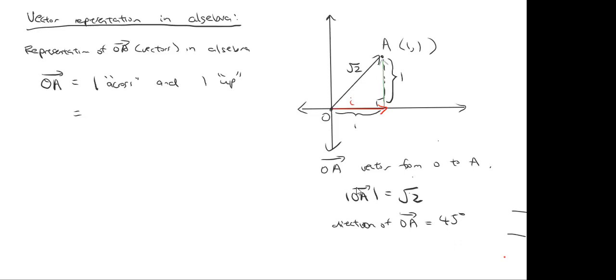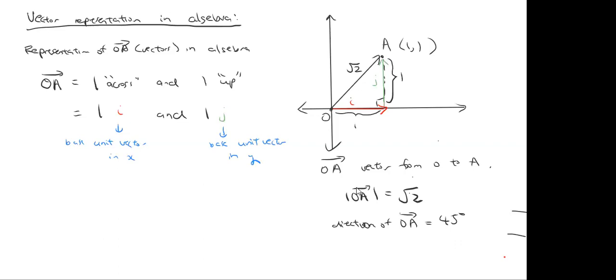So it's therefore 1I and 1J. Where I is defined to be the base unit vector in the X direction. And J is defined to be the base unit vector, basically of length 1, in the Y direction.